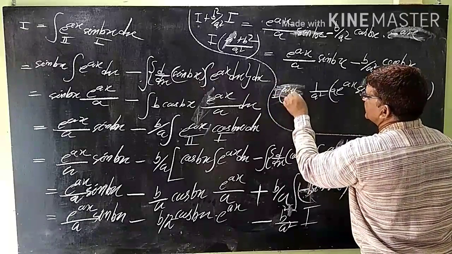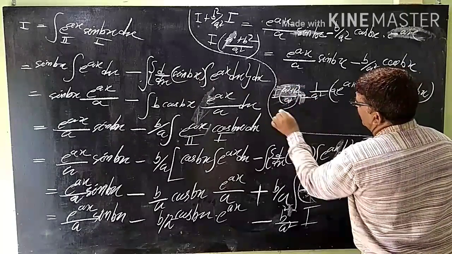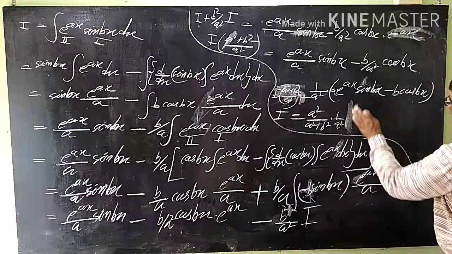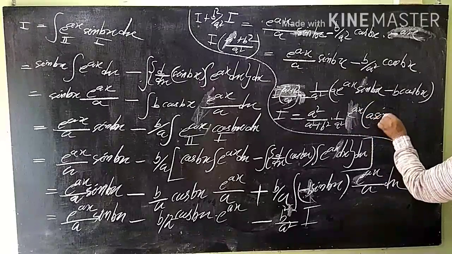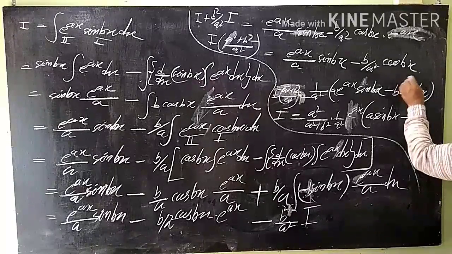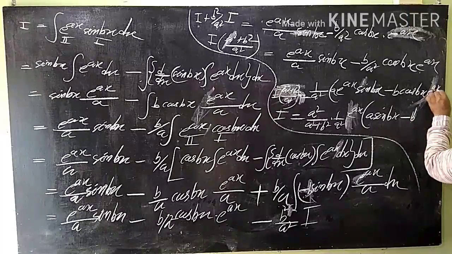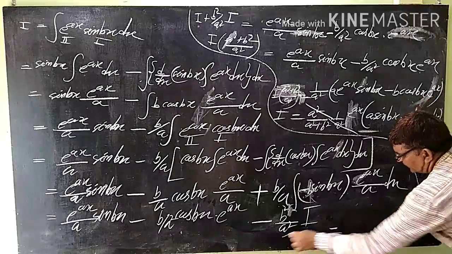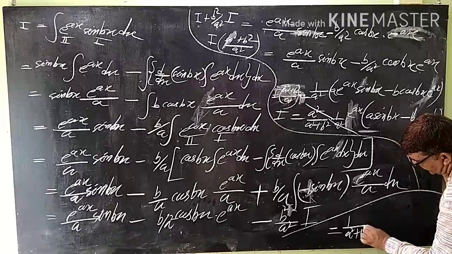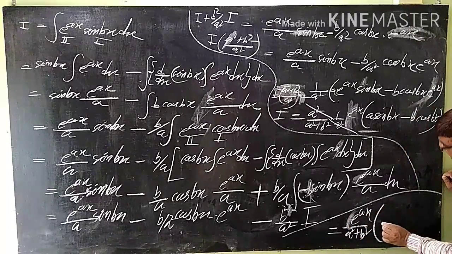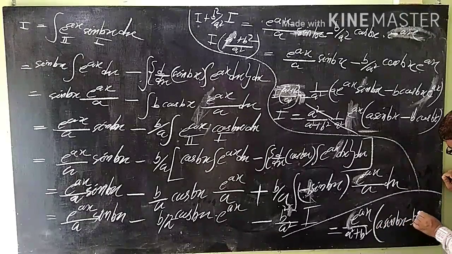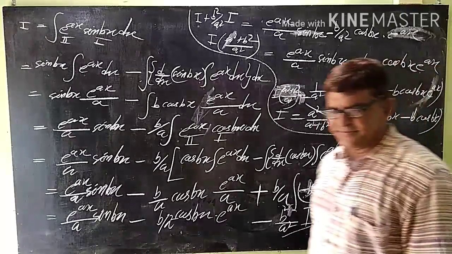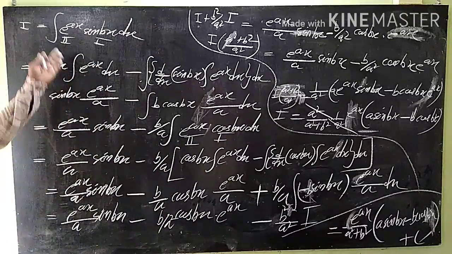I into a square plus b square upon a square equal to I equal to a square into a square plus b square into 1 upon a square, and power of e ax can be taken common, a sin bx minus b cos bx, and this is cancelled by this, then it is equal to 1 upon a square plus b square, power of e ax upon a square plus b square, a sin bx minus b cos bx, plus C.